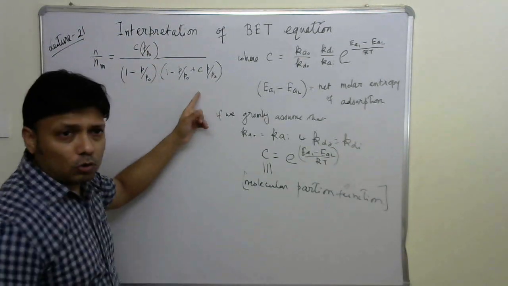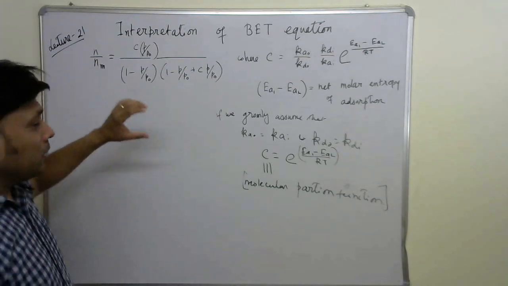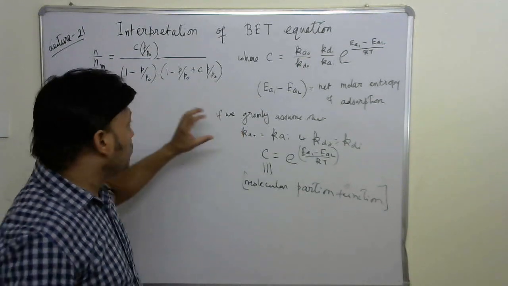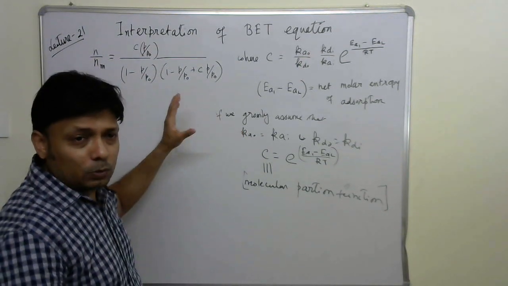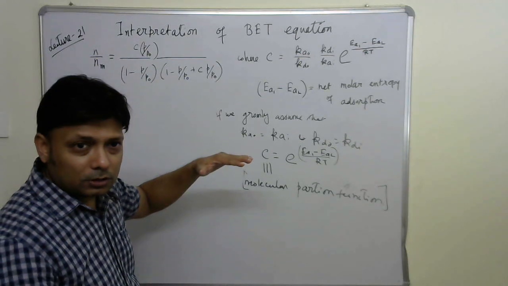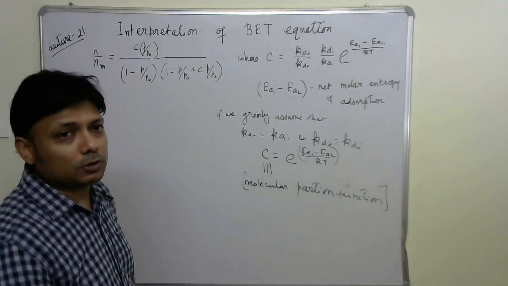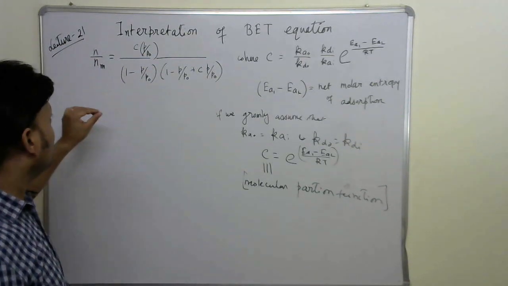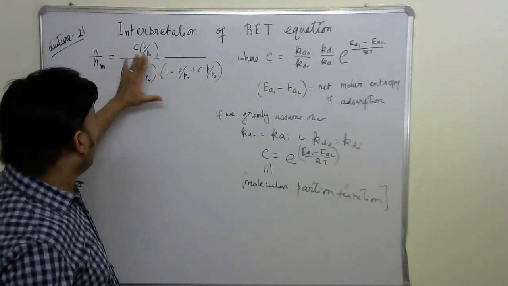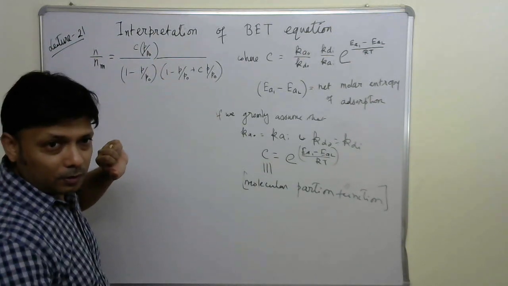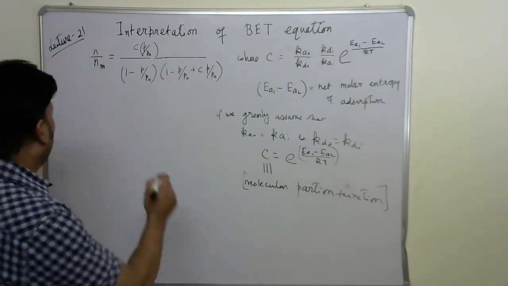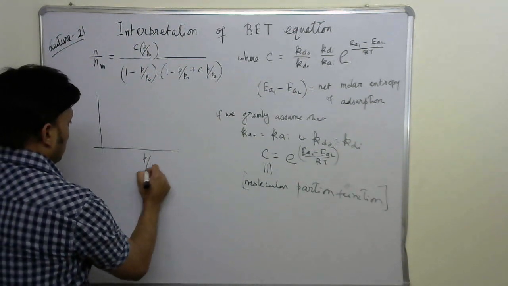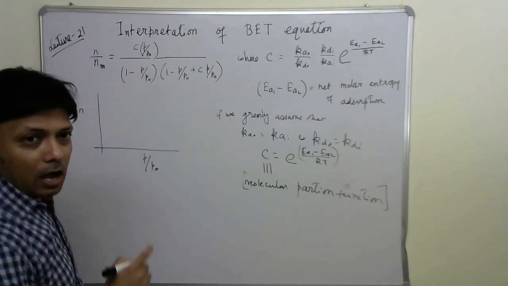All right, so now let's come and talk about the overall equation over here. As I told you earlier, for the Langmuir adsorption equation, if you plot pressure versus N, you will get a type 1 shape of adsorption isotherm. But here, in general, if you plot P by P0 with respect to N, how would the plot look?